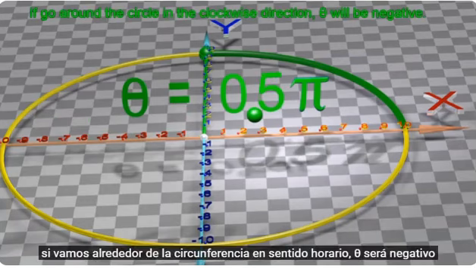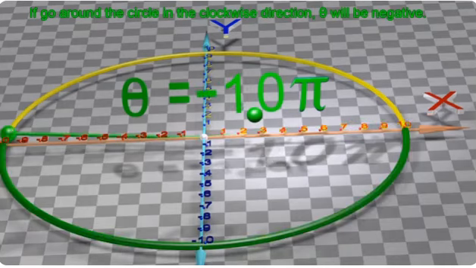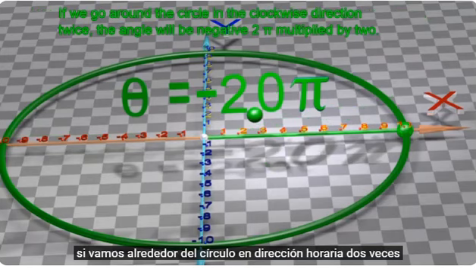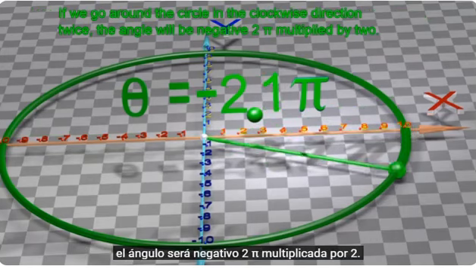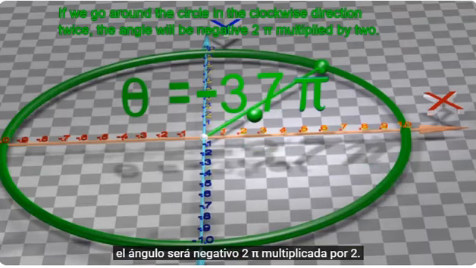If we go around the circle in the clockwise direction, theta will be negative. If we go around the circle in the clockwise direction twice, the angle will be negative 2 pi multiplied by 2.